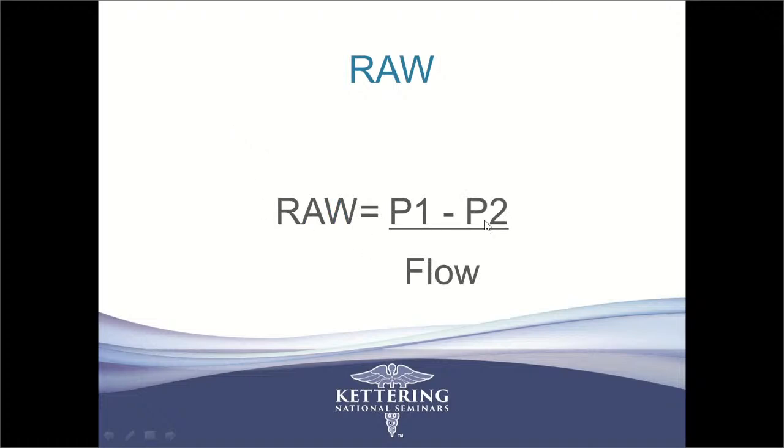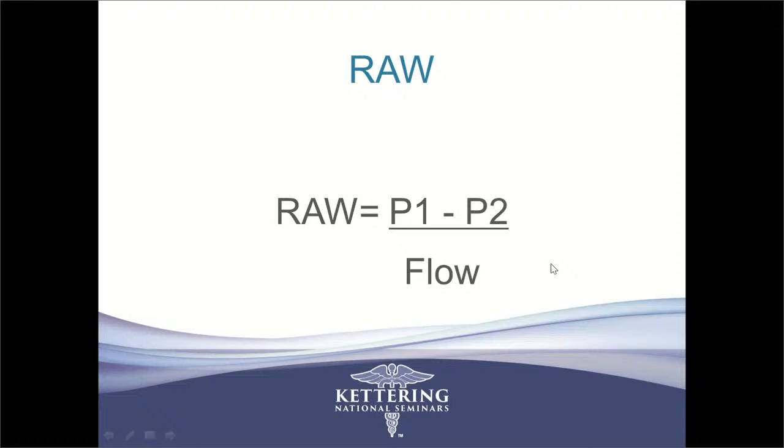It's P1 minus P2 divided by flow. So it's the beginning pressure in a tube minus the ending pressure, and the difference between those two divided by flow. Now that's my respiratory Pythagorean theorem. I know this, and this makes perfect sense to me. A beginning pressure minus an ending pressure divided by flow, that's resistance.